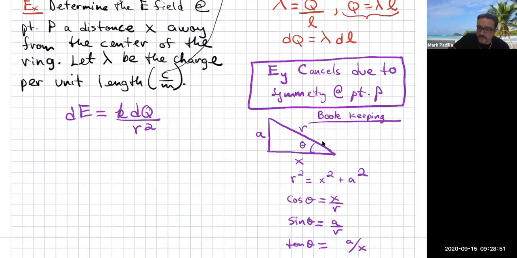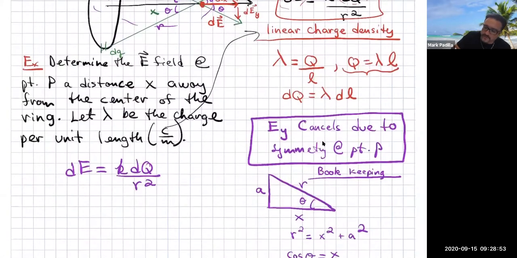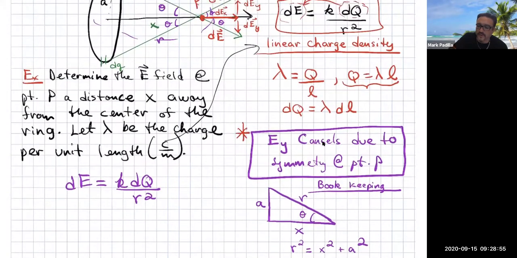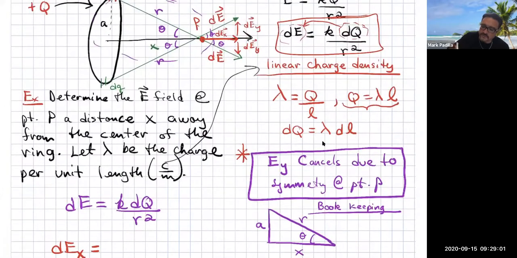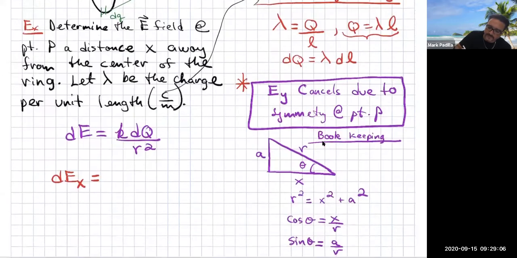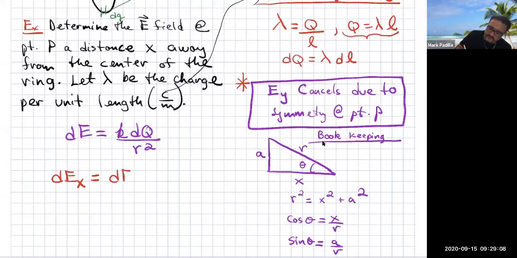Next part, I want to start analyzing the problem. Since we did our symmetry argument already, we're only going to look at the x component, dEx. Well, what's dEx equal to in terms of that right-hand triangle up there? That's going to be dE cosine theta, right? That dE is that dE right there.